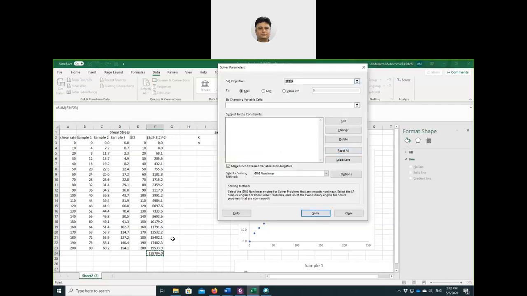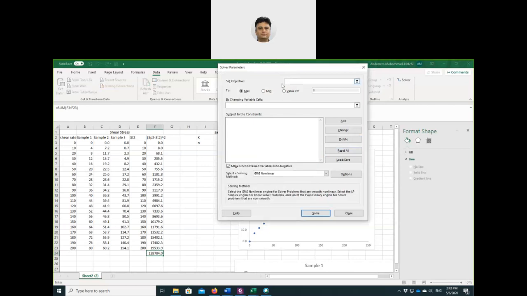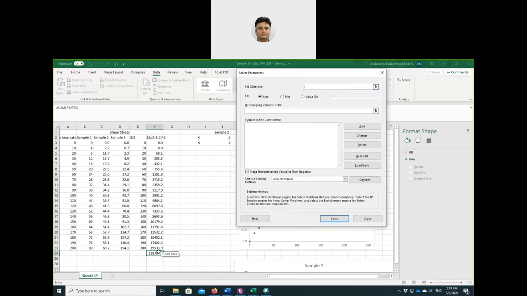I want to minimize F24. You can also reset all if you want. Objective is the summation. You can minimize, maximize, or reach a value; you want to minimize F24 by changing these variables, set to one.